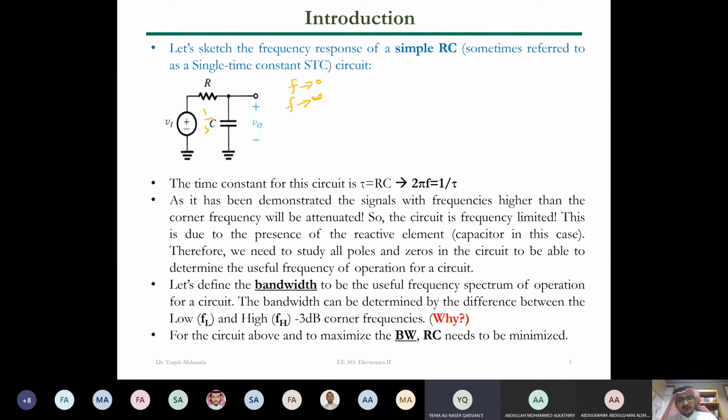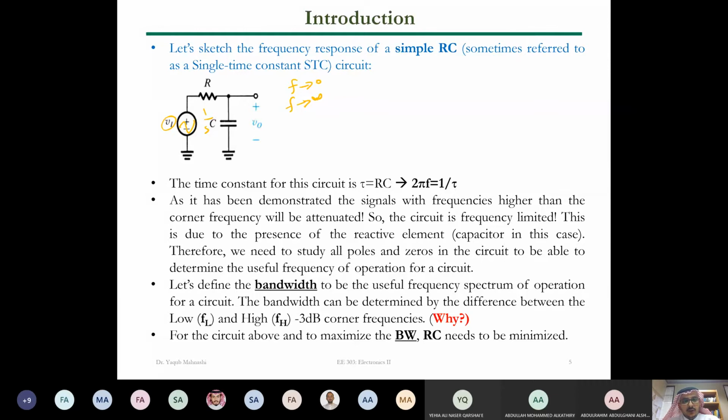If it is DC, Doctor, the capacitor will become an open circuit. So this VI, let's assume it is a sinusoidal wave, an AC signal. Now you have a frequency of almost 0, so you have a DC value.